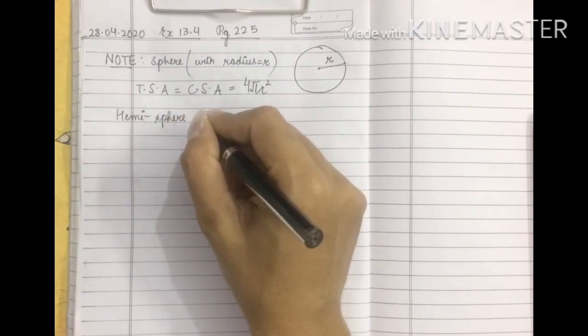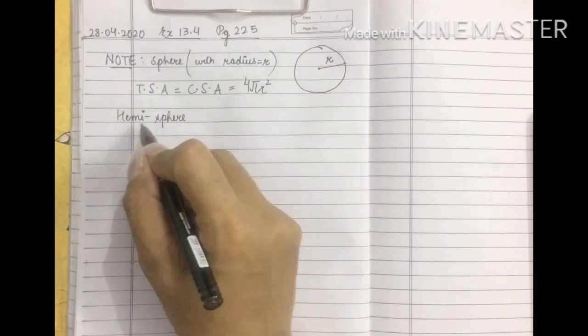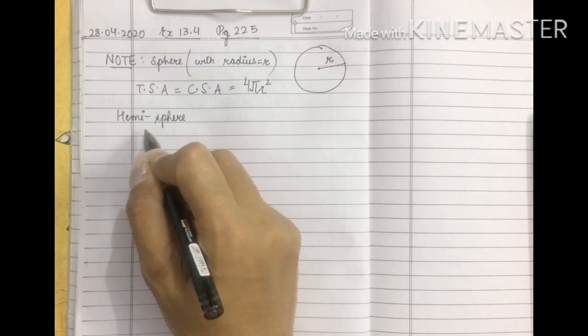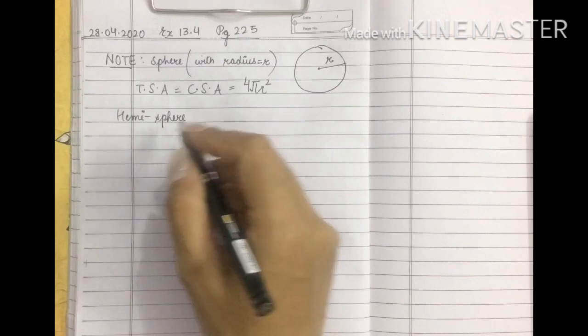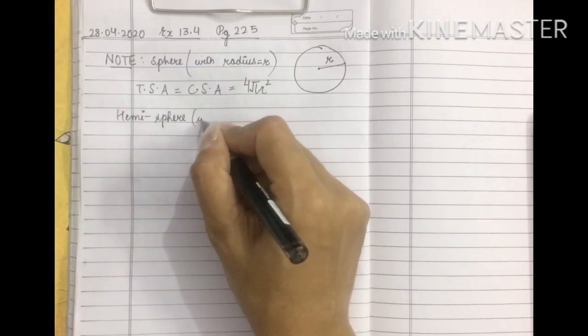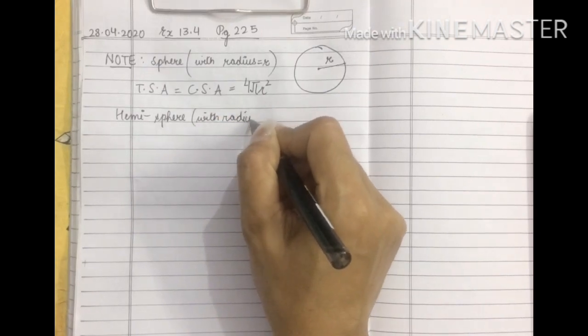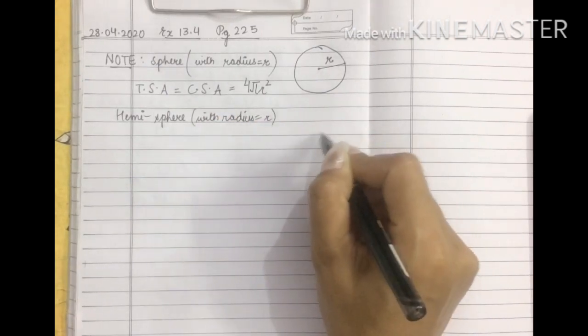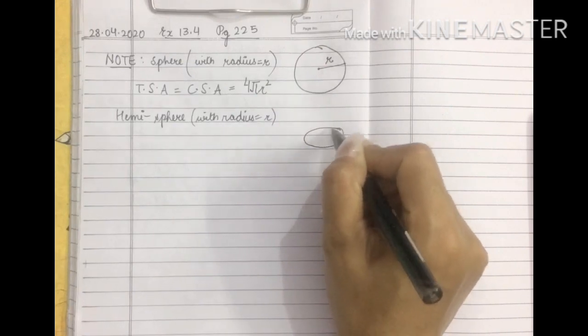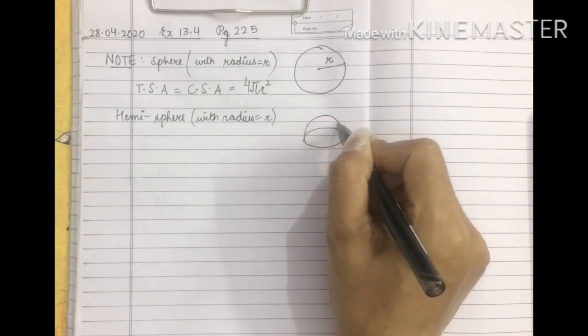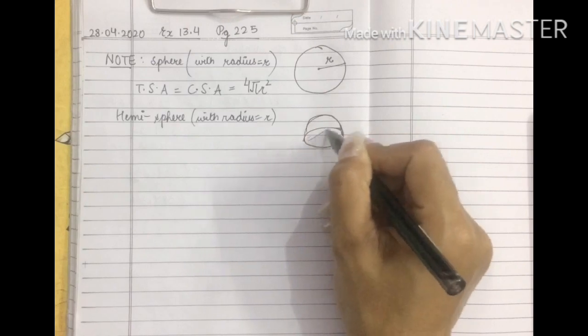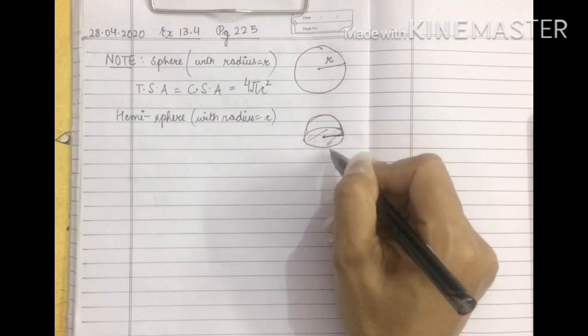means half the sphere. This will be like an orange cut in half or a lemon cut in half. So a hemisphere with the radius as r will be having a circular base and there will be a curved surface. So this is the base, which is circular, and the radius is r.